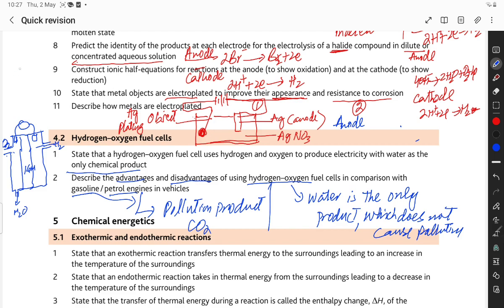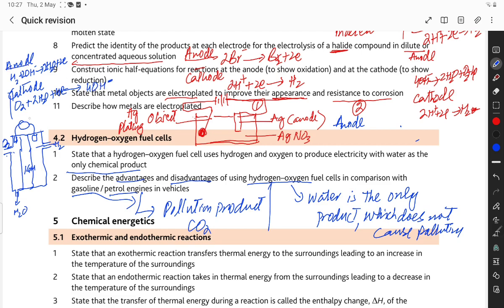The anode reaction for the hydrogen gas fuel cell is H2 plus 2OH negative to form 2H2O plus 2 electrons. The cathode reaction is oxygen gas plus 2H2O plus 4 electrons to form 4OH negative ions.